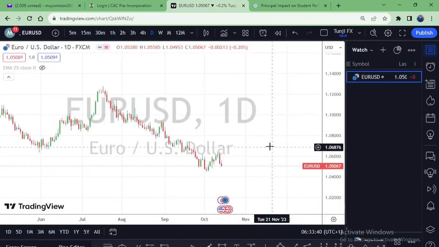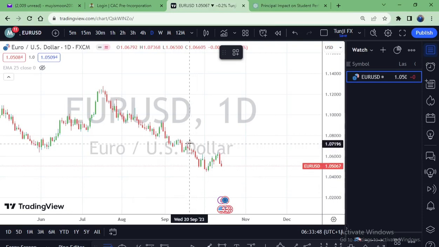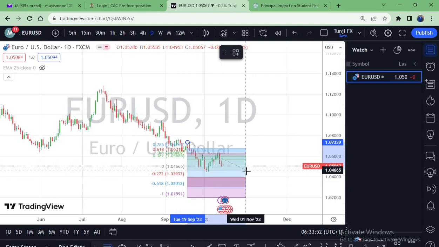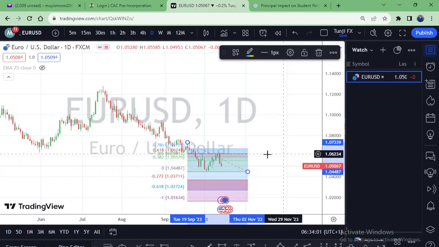You can also identify using our fibs, looking at it using the most recent high and the recent low, and divide the market.